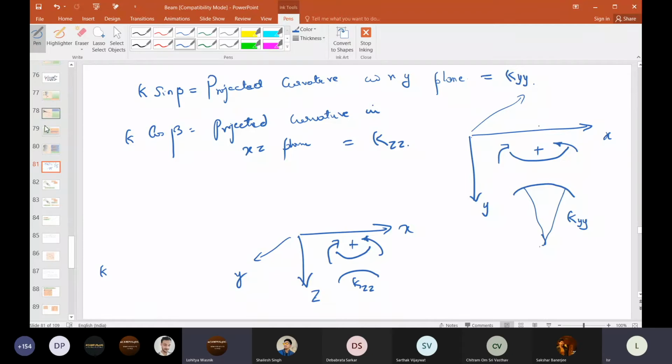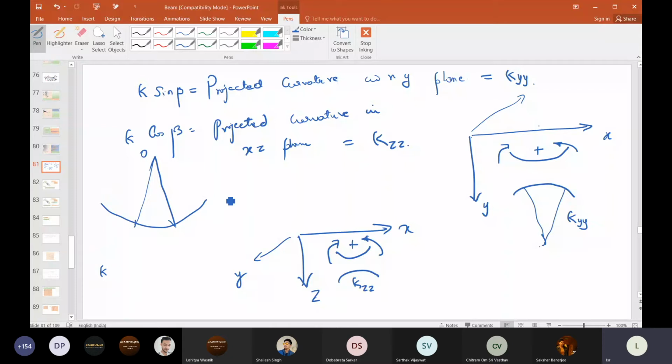Sir, can you once again explain this KYY? You see, let's say you have a curve. Take 2 points, draw perpendicular in the sense you will join this radius vector. They will join at the origin.